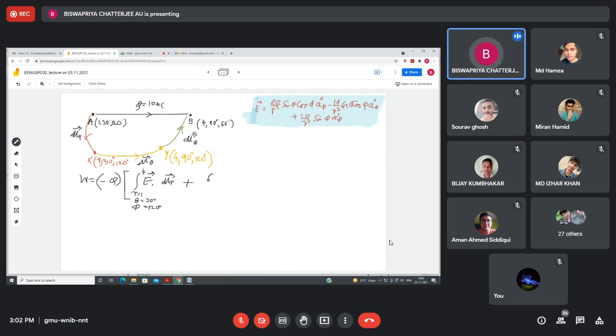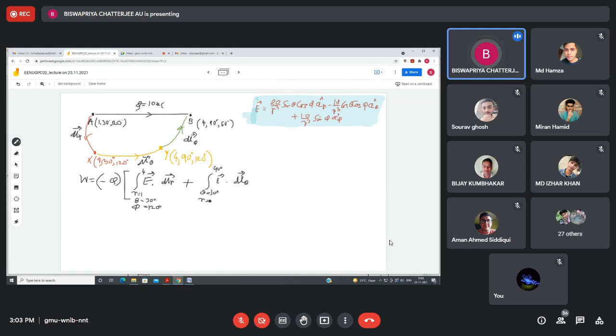Our second integration should be E dot dl theta. So theta must be varying from 30 degree to 90 degree.